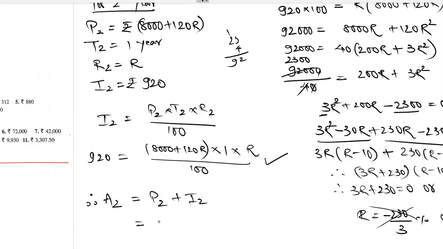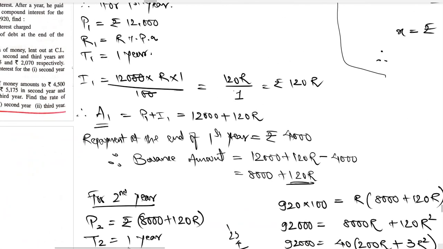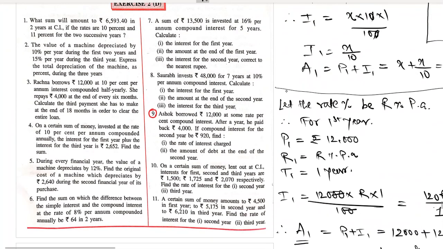And what is P2? 8000 plus 120 R, R is 10, plus what is I2? 920. They have already given us that the compound interest for the second year is 920 rupees, right? We have to find amount of debt at the end of second year.